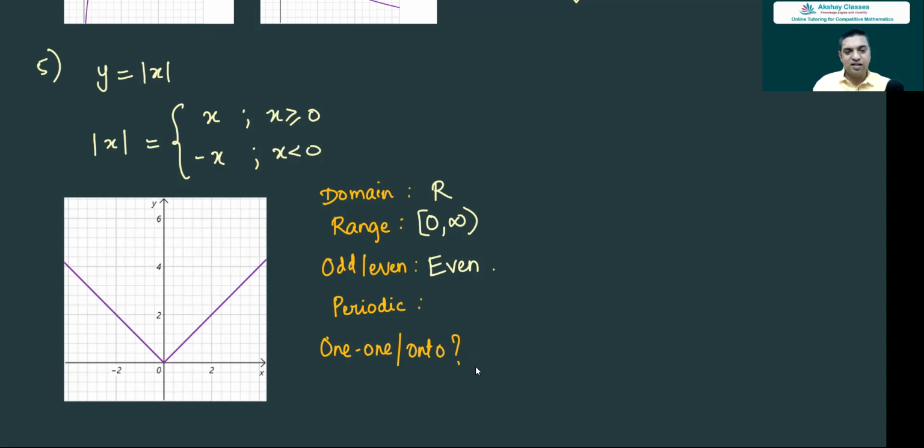So it is an even function, and you can show that f of minus x is modulus of minus x. Now, if x is greater than 0, minus x will be a negative value, so for a negative value, it is minus of the value inside, so it will be x.